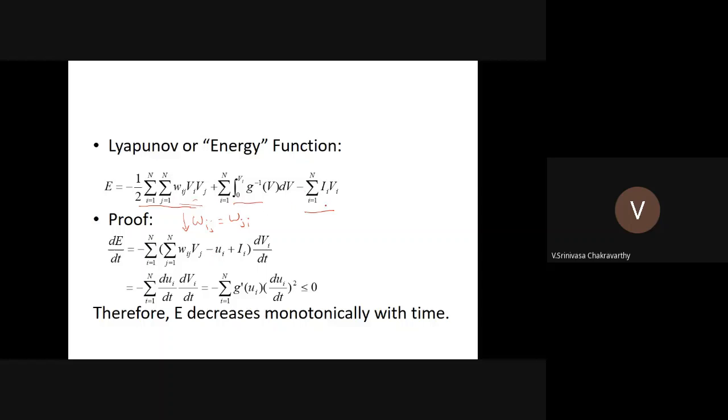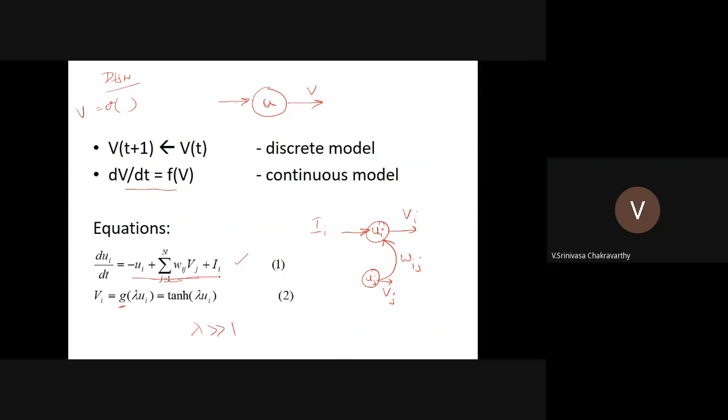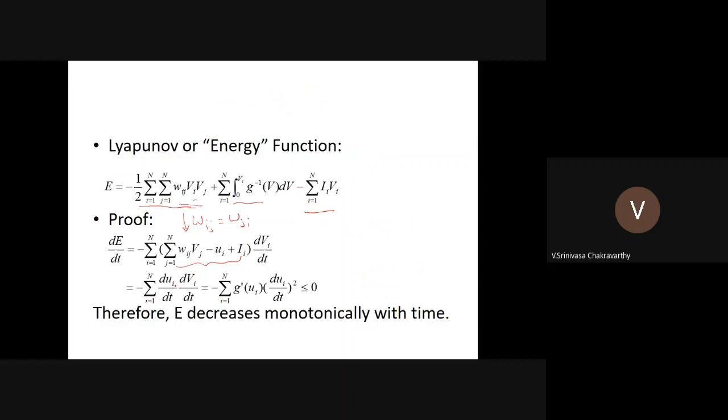If you differentiate this with respect to time, you get dvi by dt, which goes out of this expression. So you get this, and this whole thing inside the brackets is nothing but dui by dt, because that's your update equation. So if you plug that in here, you get sigma over n with the minus sign in the front, dui by dt times dvi by dt.